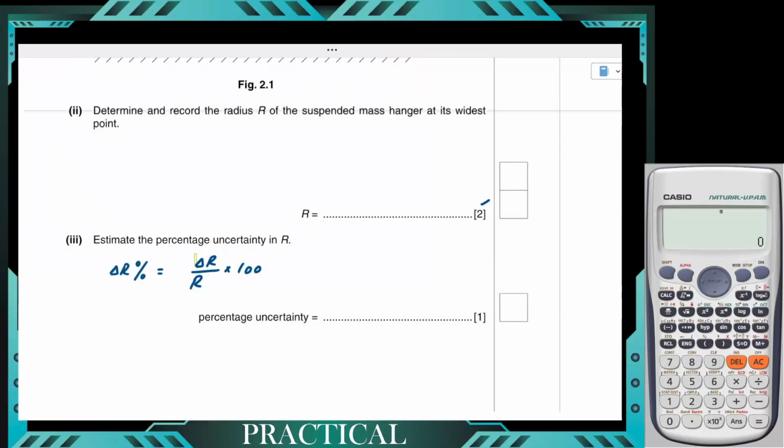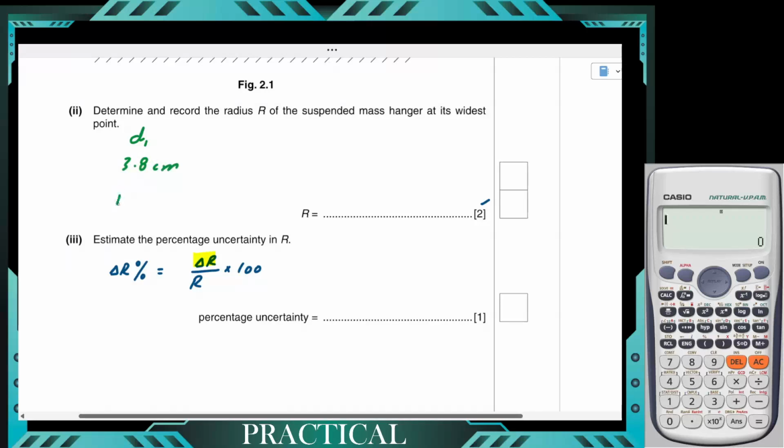So percentage uncertainty in R equals absolute uncertainty divided by the principal value of R times 100. But in order to have the reading of absolute uncertainty in R, I have to have at least 2 readings of radius. So what do you do in that case? When you were calculating the value of R, you have to take at least 2 readings. So let's say the first time the diameter comes out to be 3.8 centimeters.